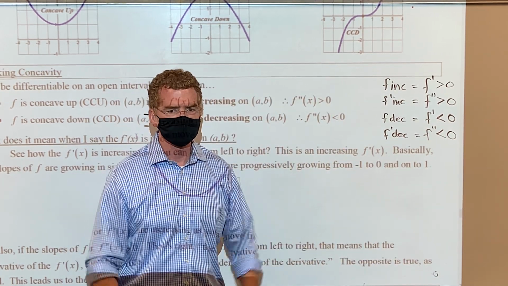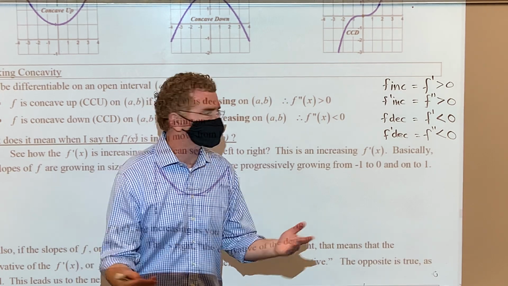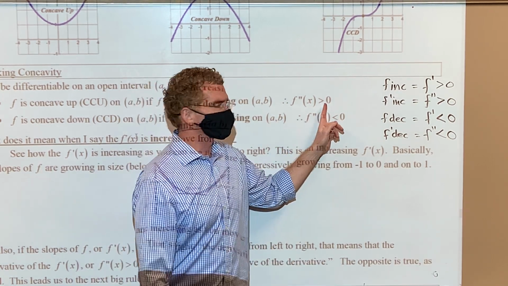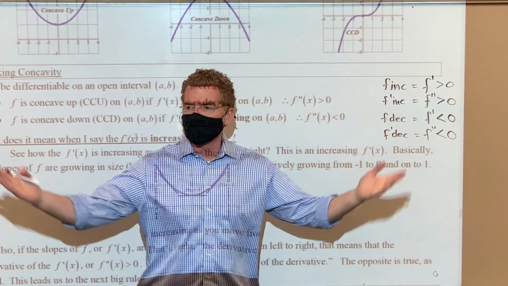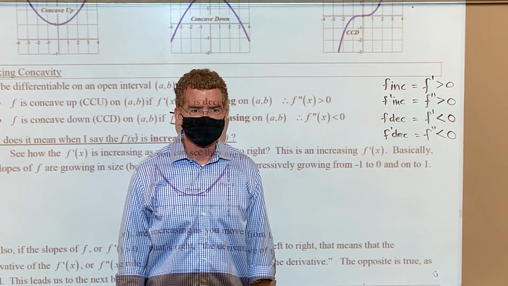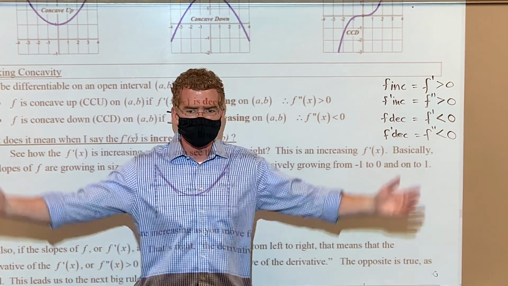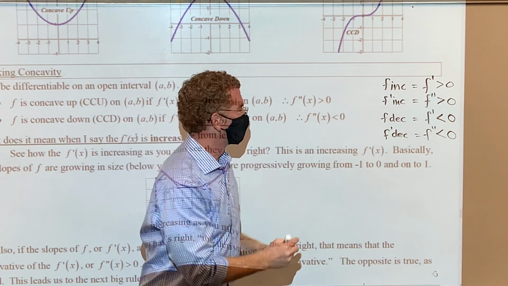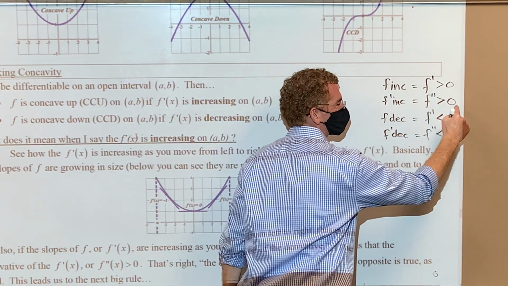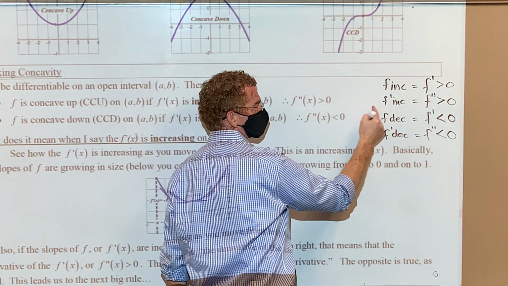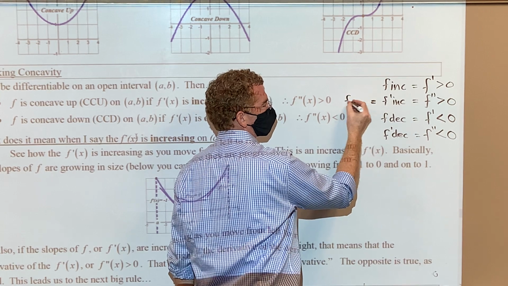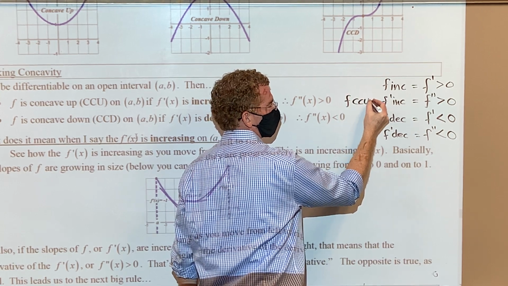And you're almost there. And then what did we just say? If the second derivative is positive, what do you know about the function? It's concave up. So if the second derivative is positive, come over here, the original function's concave up.